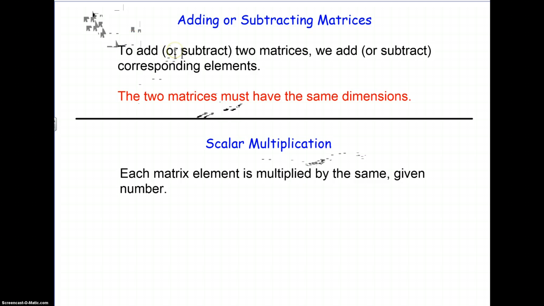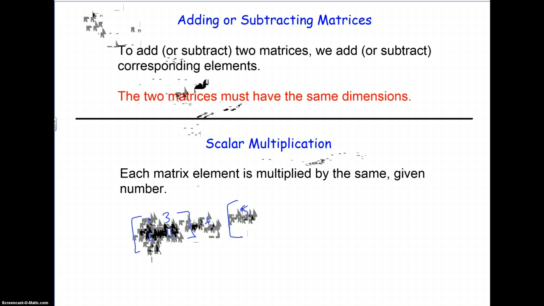Adding and subtracting matrices is very easy. First off, you need to have two matrices that are of the same dimensions. And when you're adding and subtracting, you are just adding or subtracting the corresponding elements of those two matrices. So if I have the matrix 1, 2, 3, 4, and I'm adding the matrix 5, 6, 7, 8 to it, all I do is add up corresponding elements.